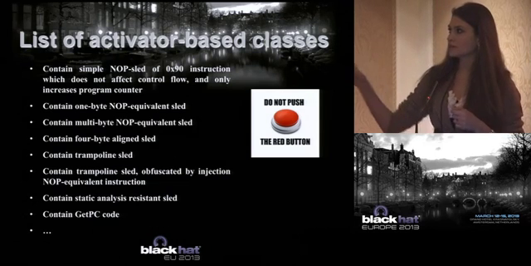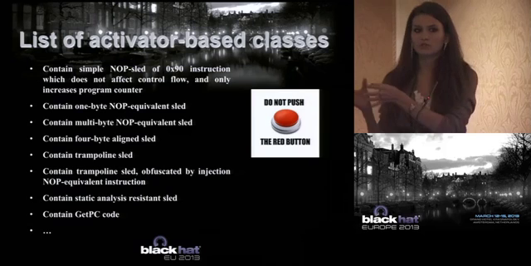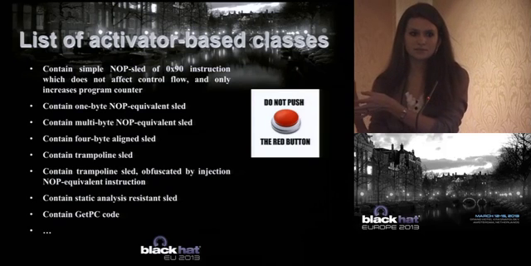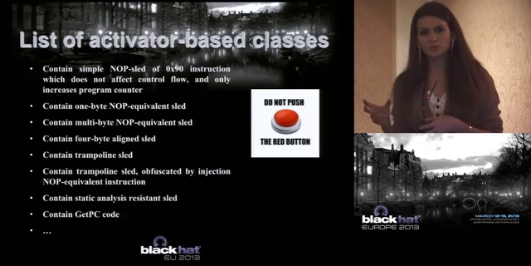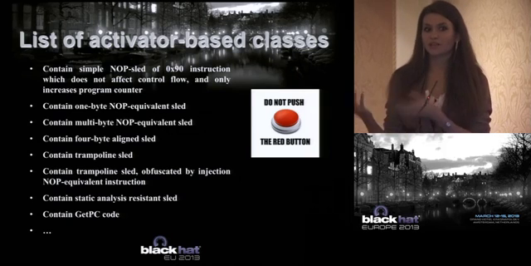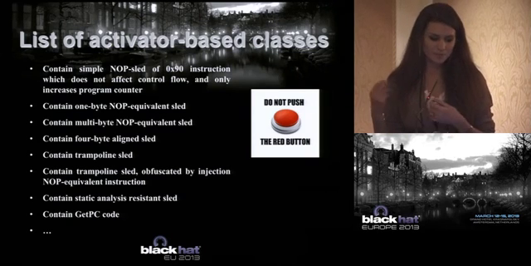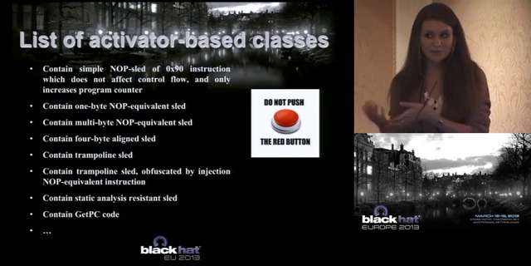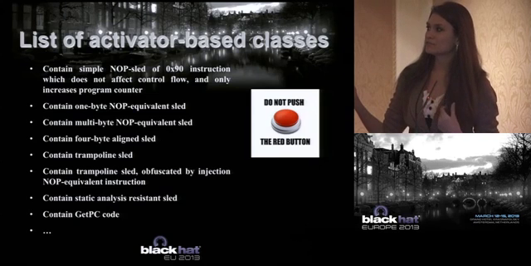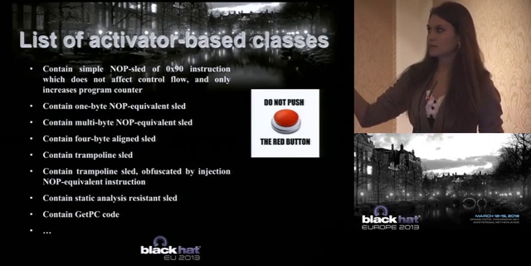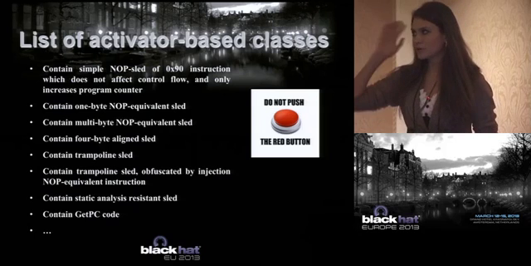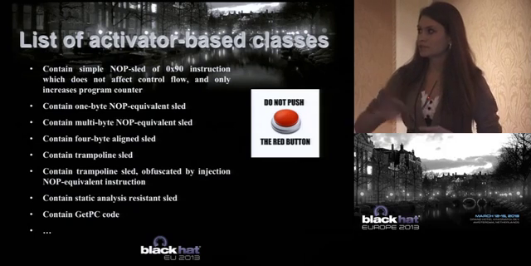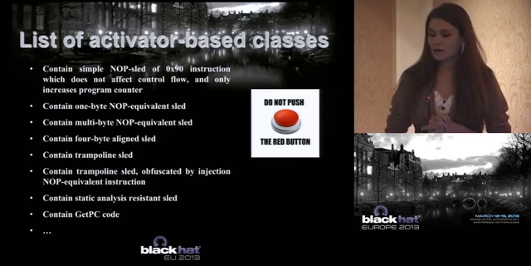We could have a class of shellcodes which contains only shellcodes with an x90 NOP sled. A NOP sled could be smarter and more difficult to detect. So we could have classes of shellcodes with one-byte NOP equivalent length, multi-byte NOP equivalent length, and so on.